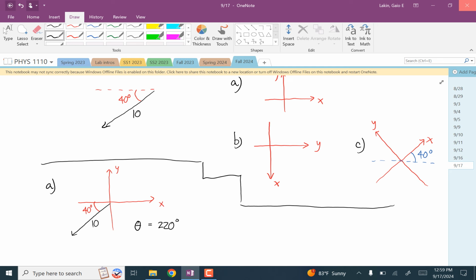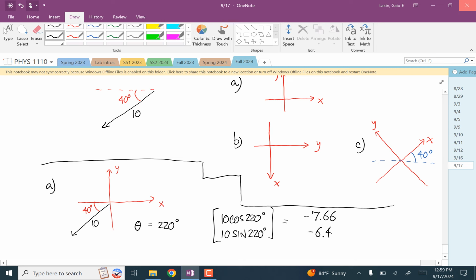And so the components are going to be 10 times the cosine of 220, 10 times the sine of 220. And that comes out to be negative 7.66, negative 6.43.